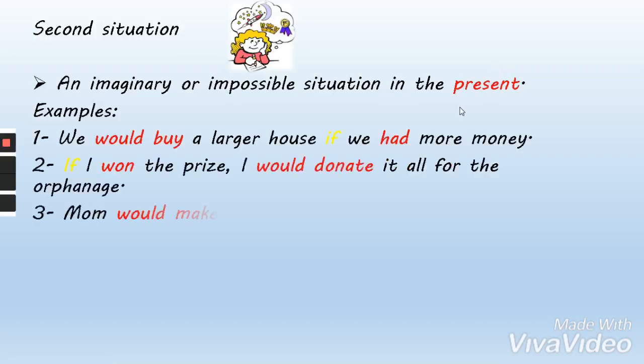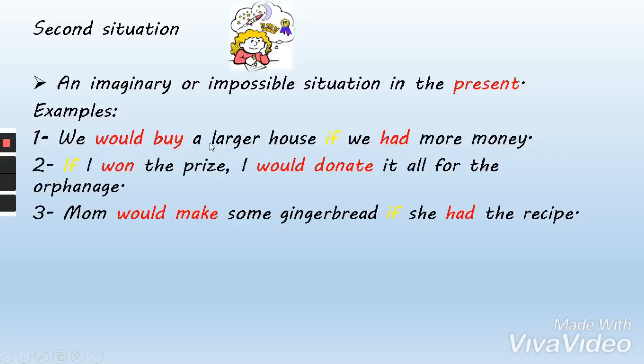We have some examples on that. We would buy a larger house if we had more money. So we have would, buy, and here we have the simple past tense.